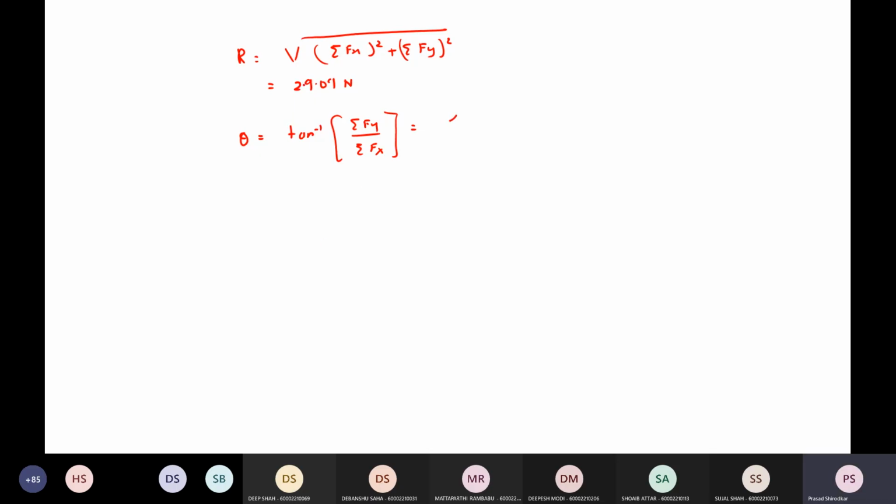I should not have given this answer. Just calculate and verify. Sir, can you scroll a little bit up? You want me to go to the previous slide? Yes, sir.